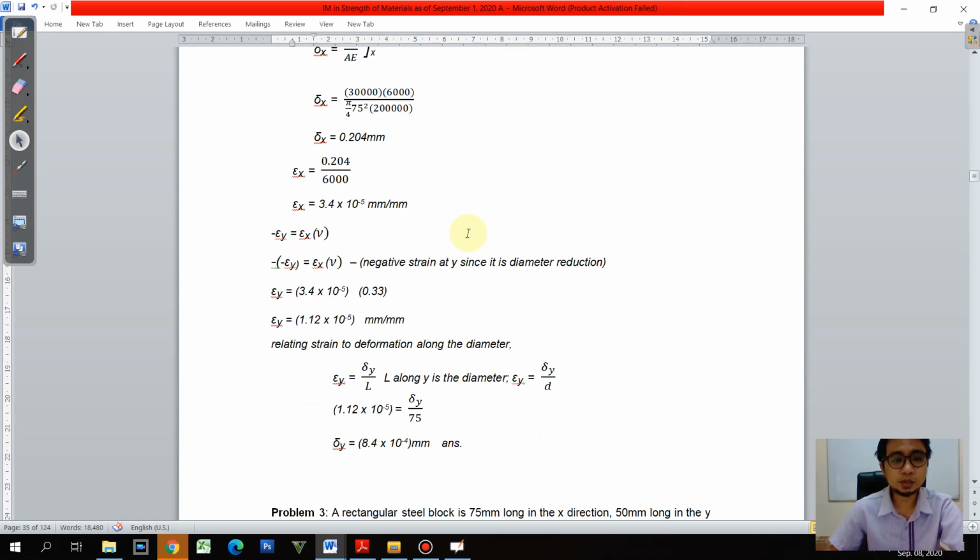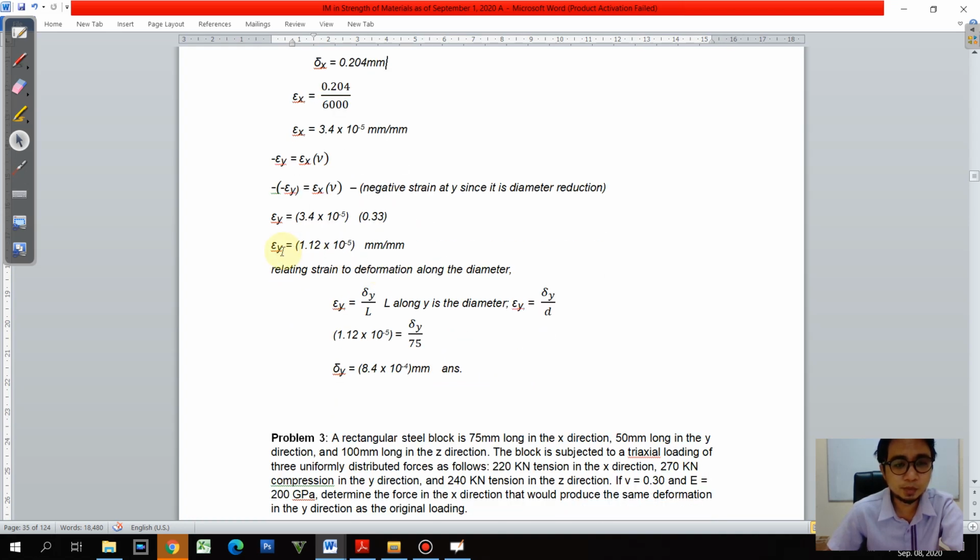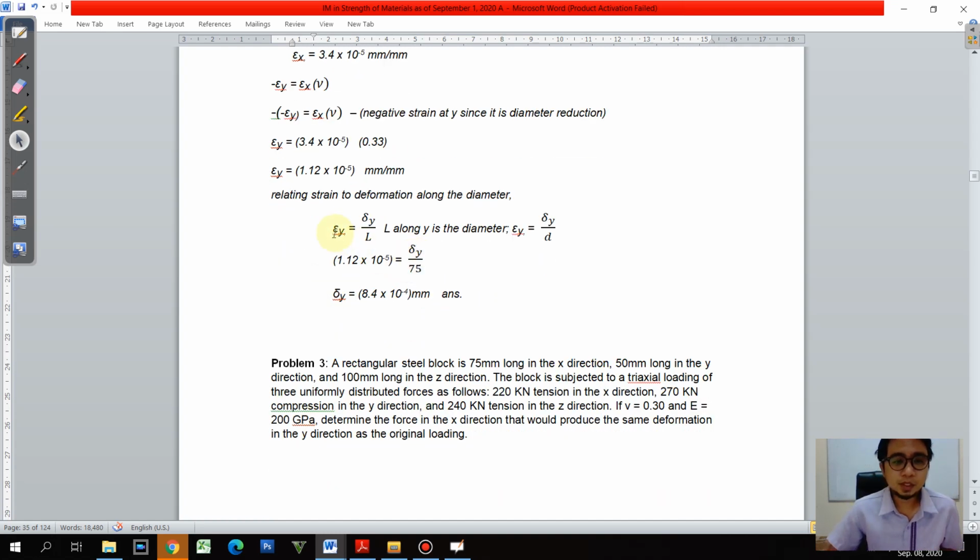So if that is shortened now, still, babalik tayo sa positive, and then substitute the value of the strain at X, and then multiply by the Poisson's ratio, and we come up with the strain along Y. So relating strain to deformation along the diameter, i-apply lang natin yung formula ng strain.